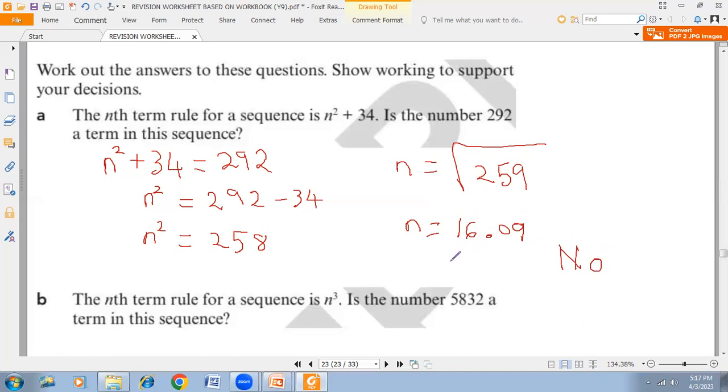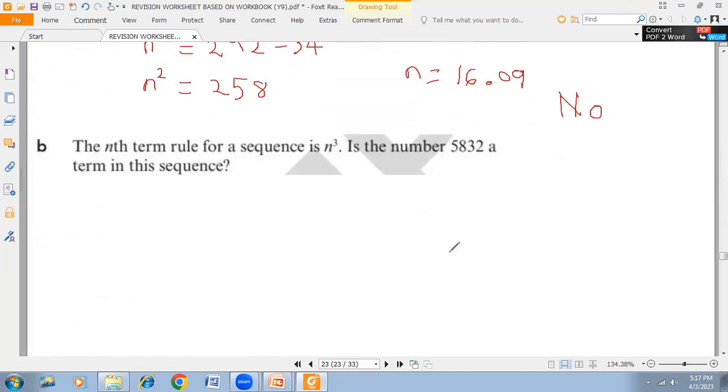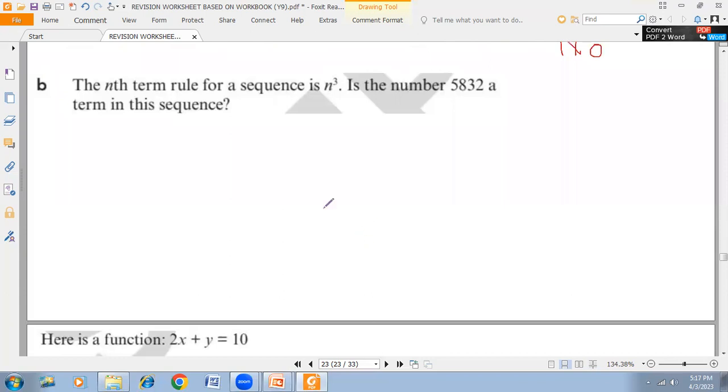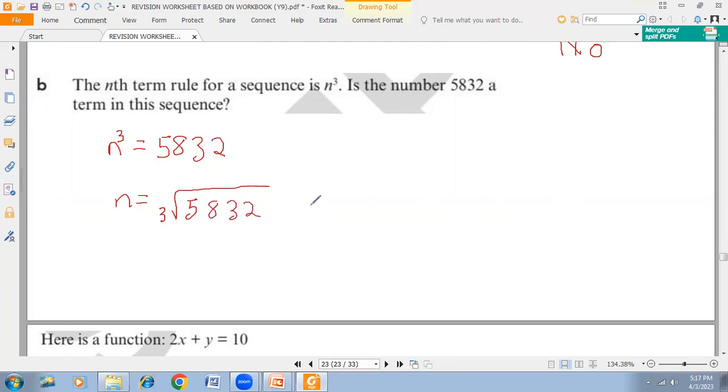Let's do the same working for B. That term is n cubed equal to 5832. So n equals the cube root of 5832.